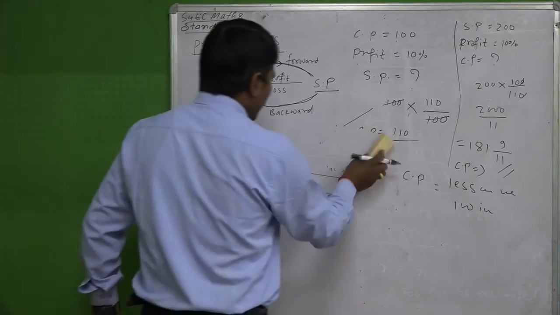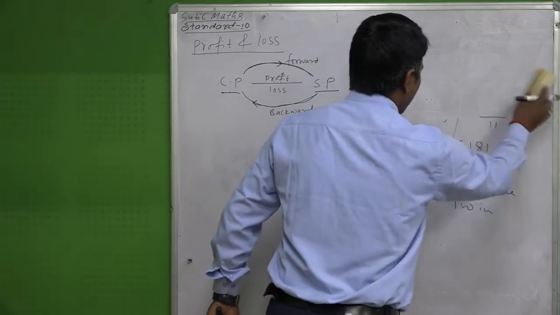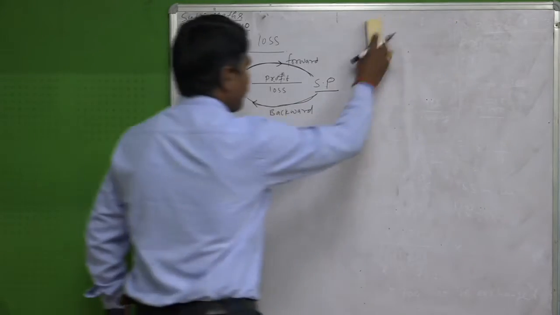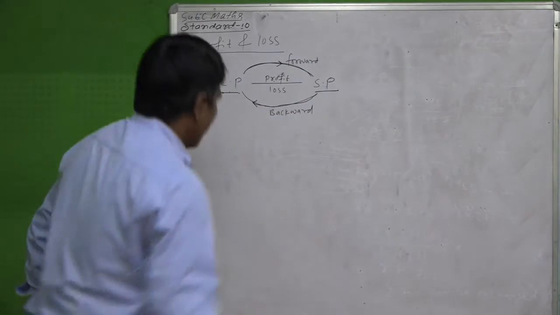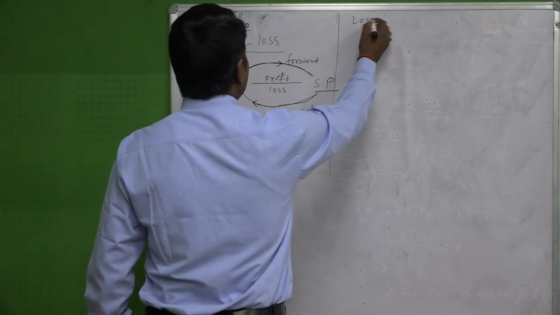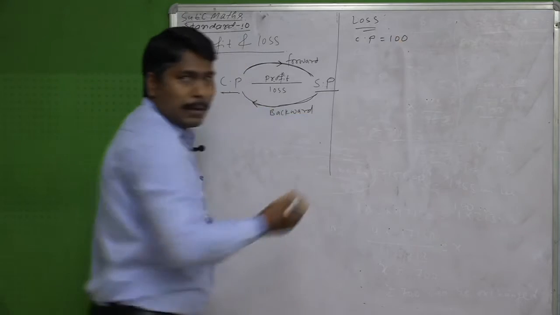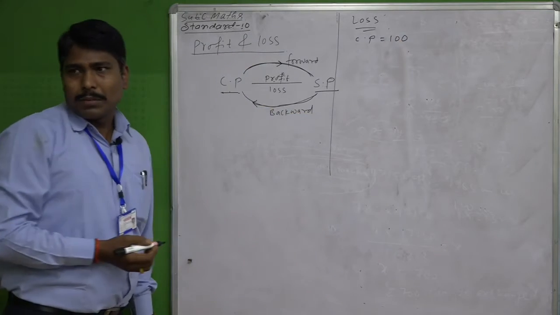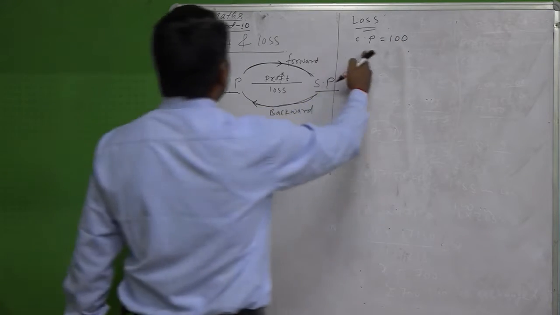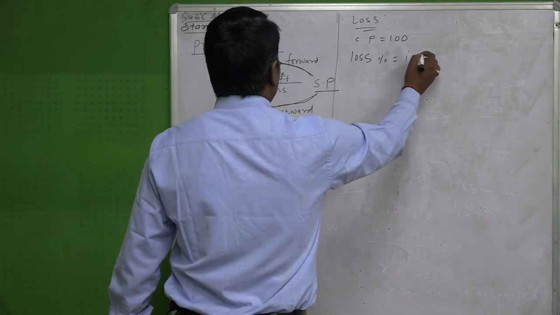If loss is given, then how can we find it? See the example. Suppose loss is given. Suppose CP is 100, and loss percent is 10%.